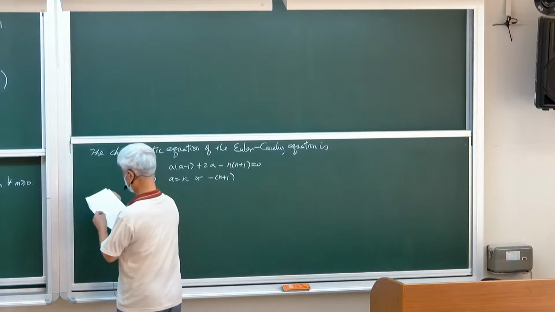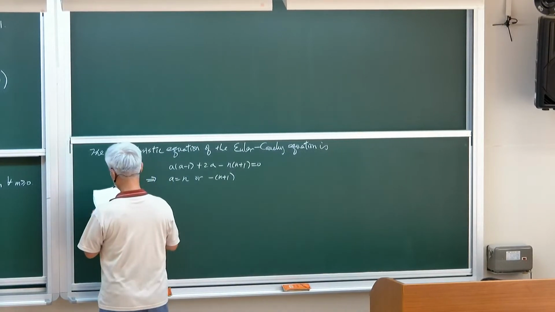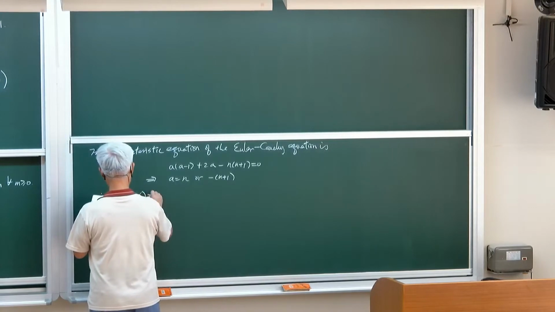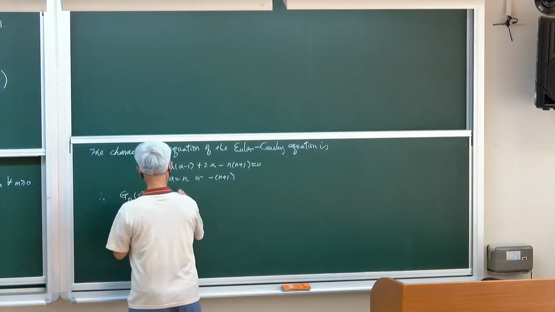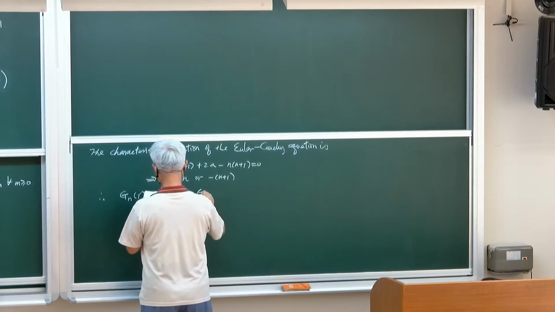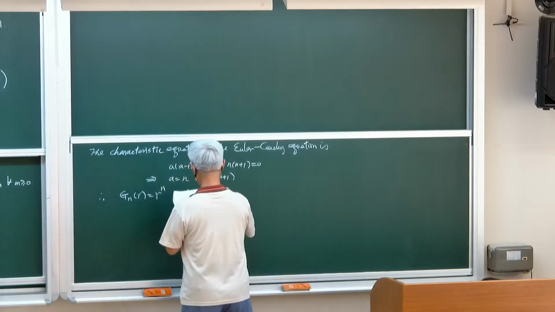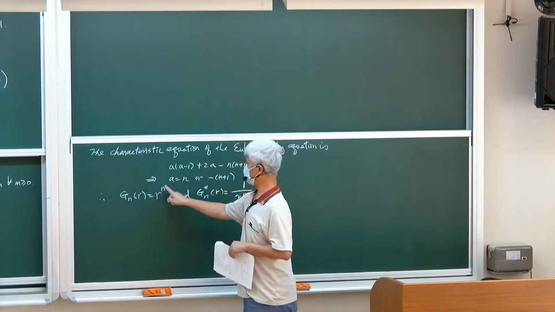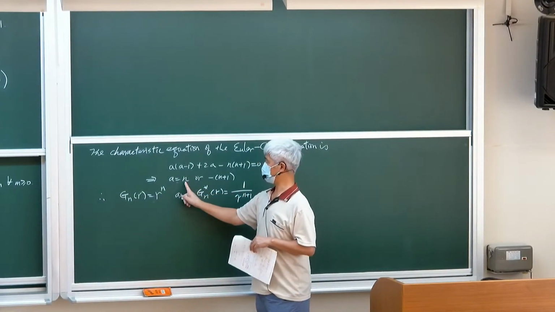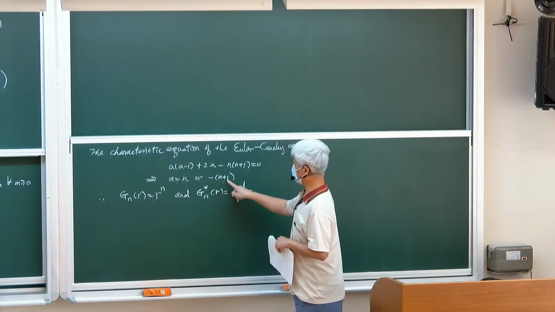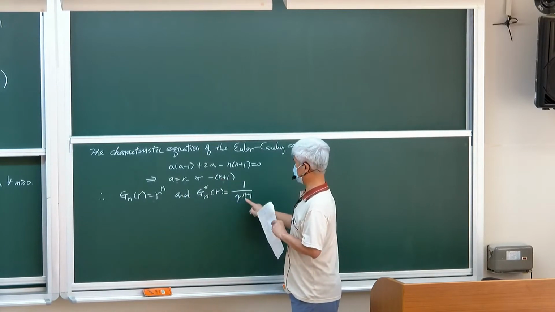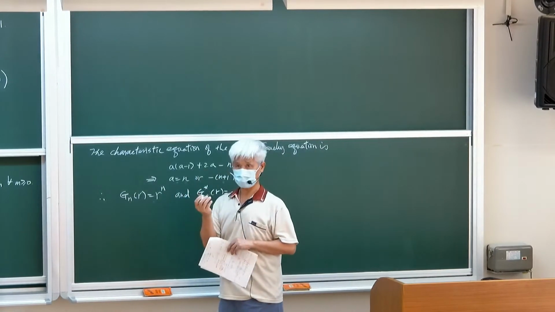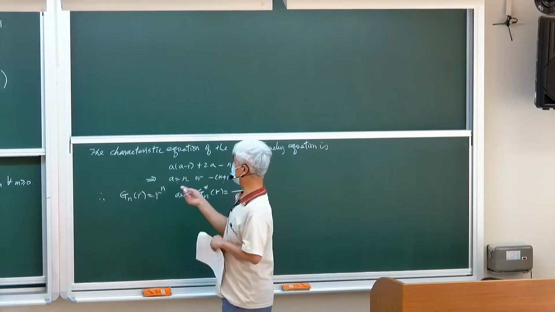So we define R_n(r) equal to r^n and R_n star(r) equal to r^(-(n+1)). So this is corresponding to a equal to n, and this corresponding to a equal to minus (n plus 1), because they specify the exponent.